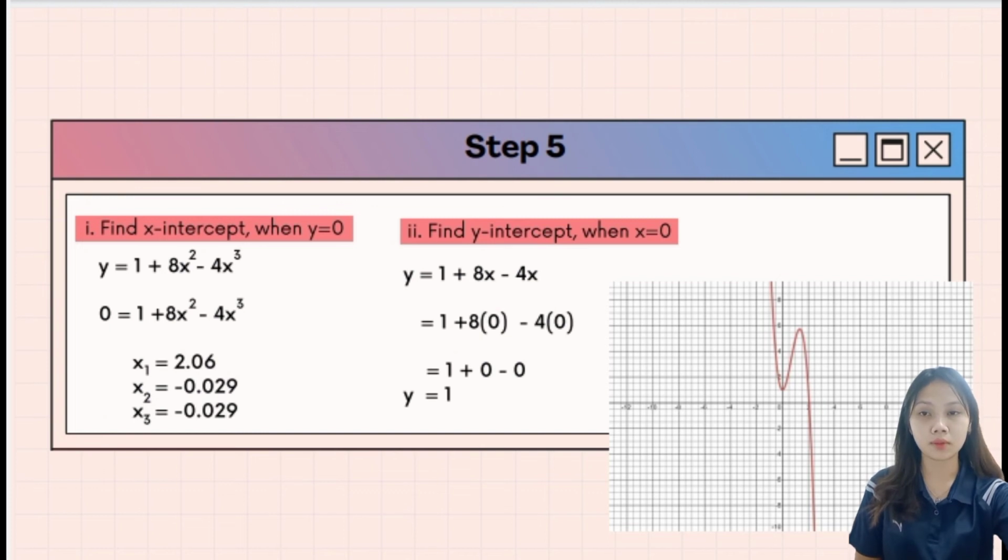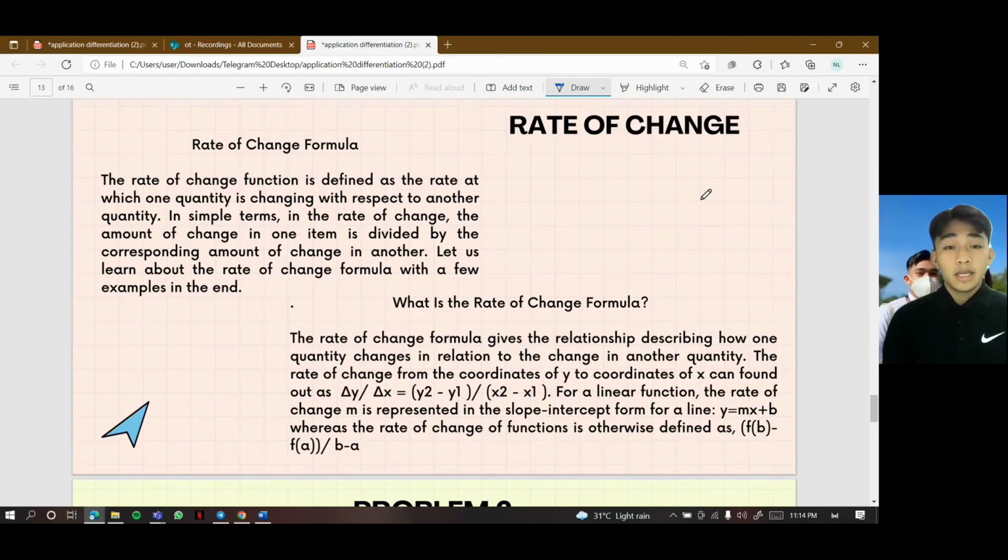The second step is we have to find y-intercept when x equal to 0. Y equal 1 plus x bracket 0 minus 4 bracket 0, then the final answer is y equal to 1.